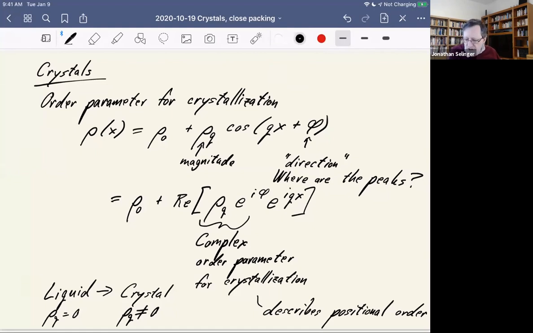So this kind of order parameter is fine to do the job of describing the transition from liquid to crystal. We don't need to design a separate orientational order parameter now. We will later when we deal with liquid crystals.